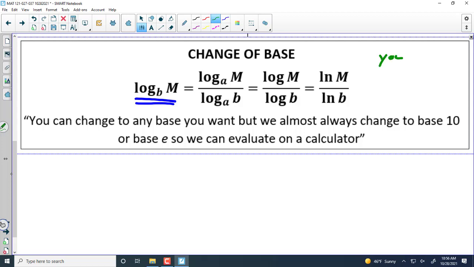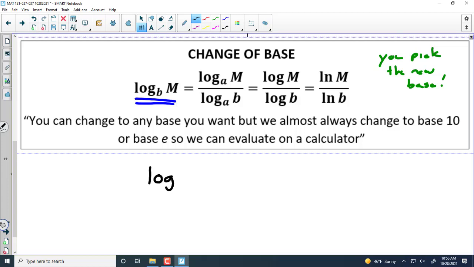You pick the new base. And you can actually pick any base you want, which is why I wrote an A here, because that A can be any valid base you want. However, what most people do is they pick either base 10 or base E, because those are the two their calculator can do.